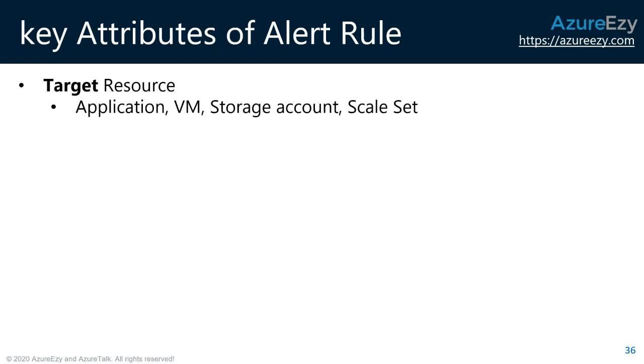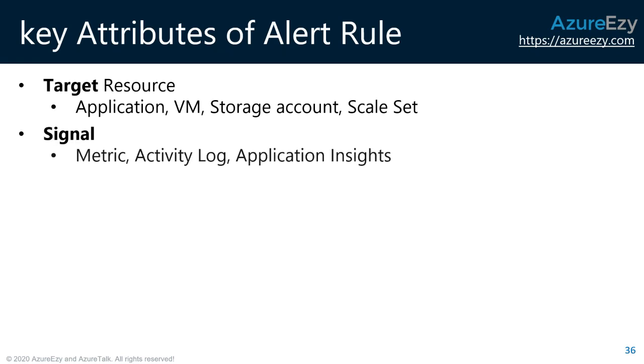Your target can be your application, any Azure service, your VM, storage account, scale set, anything. Target means what you want to monitor. It is actually the scope where your signal will be alerting. It can be any Azure resource.